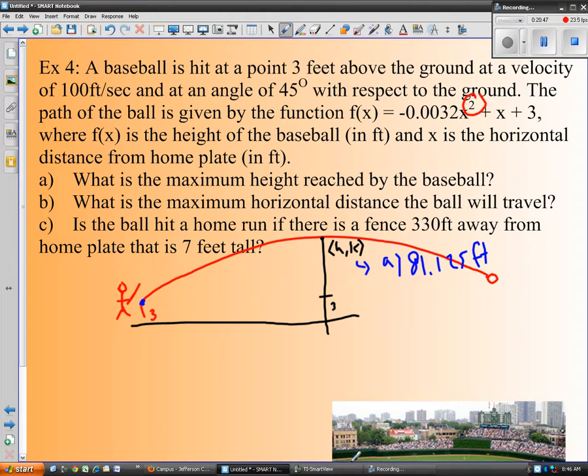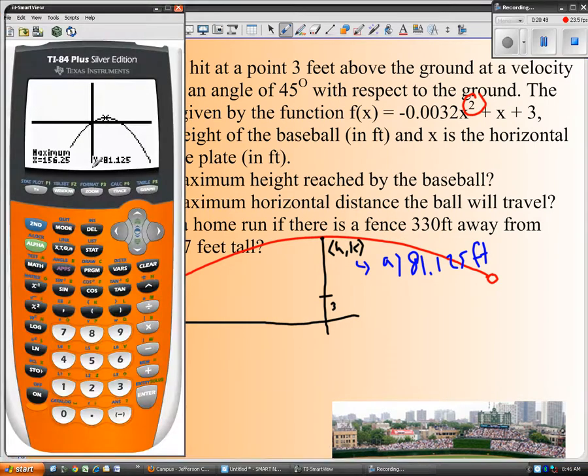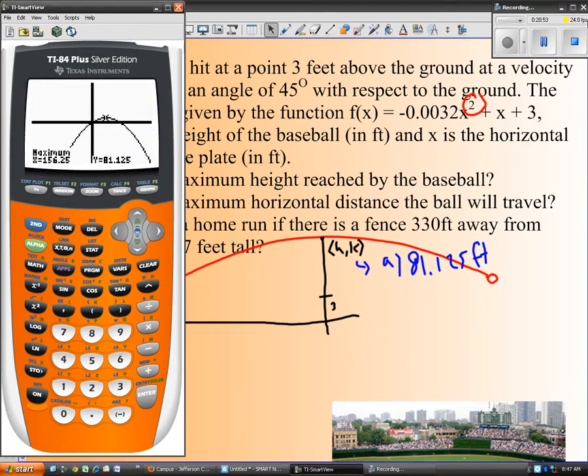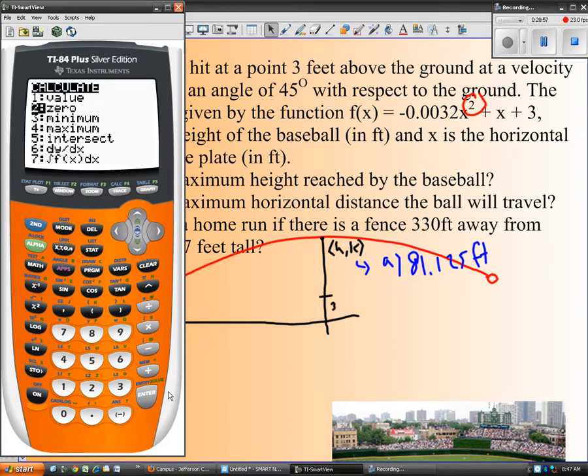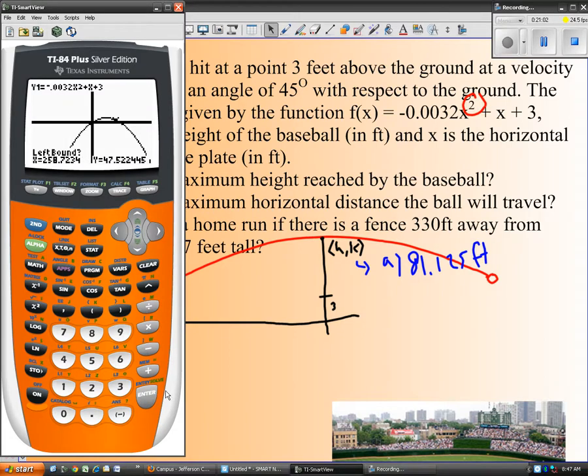And so if I go ahead and find the zero of the function way out here, above and below, and then try to make a guess, its maximum distance is 315 feet.